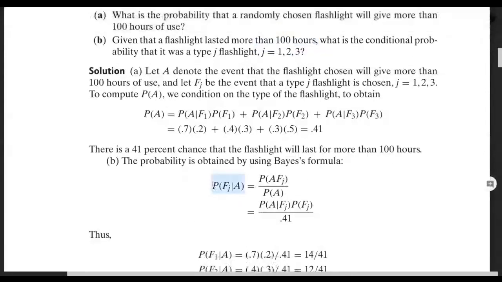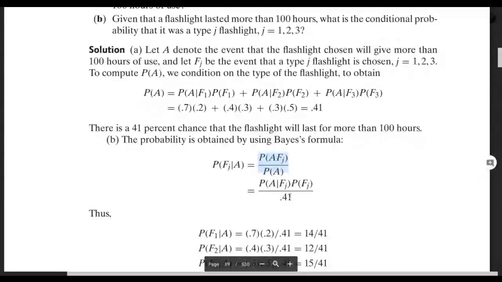So the probability of type J given that they can be used for more than 100 hours equals the probability of the intersection of those two divided by the probability of A. And for the probability of the intersection, we use again this probability condition.